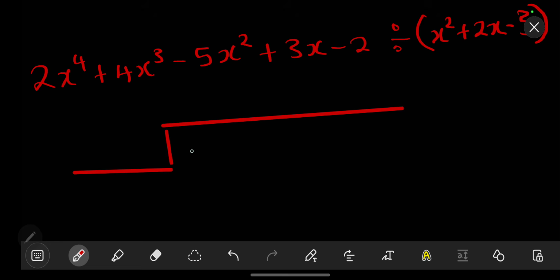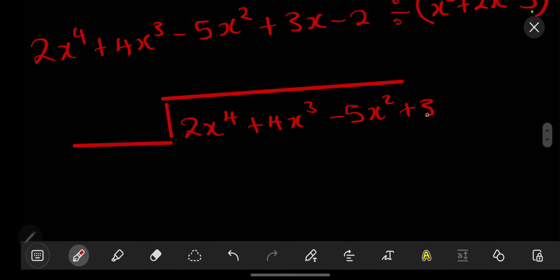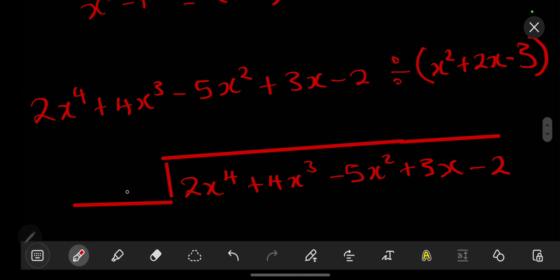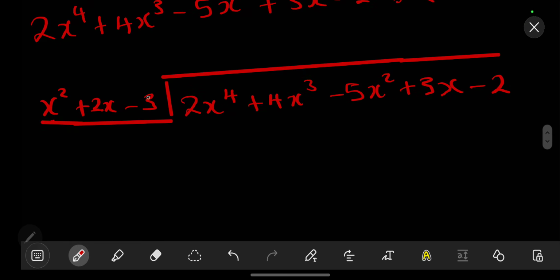Let's put our dividend, which is our 2x to the power 4, plus 4x to the power 3, minus 5x to the power 2, plus 3x, minus 2. On the side, we have the divisor, x squared plus 2x minus 3. So divide. The highest power is x squared, so you are going to divide 2x to the power 4 by x squared.